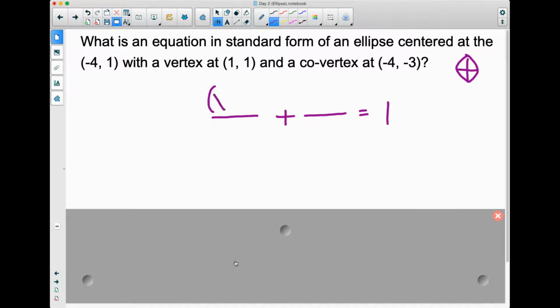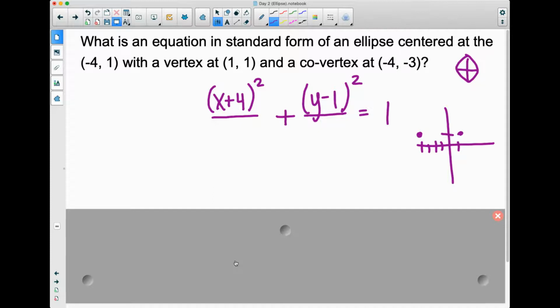So we have x and y. Our center is -4, 1. So this becomes a +4, and then of course a -1. When I'm looking at this, it's a whole lot easier to do a little sketch off to the side. If that's my center, then I have a point at 1, 1. Now I know how much I went to the right.